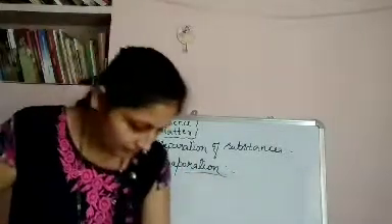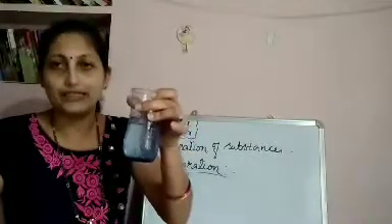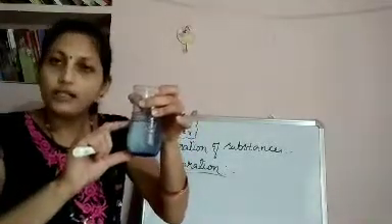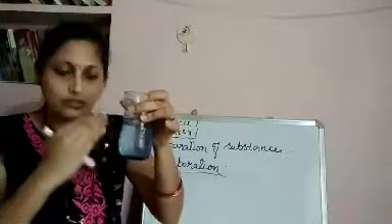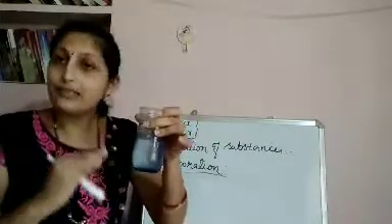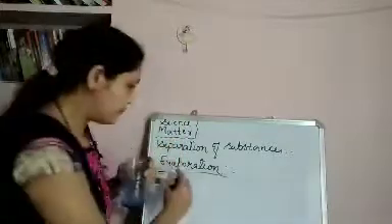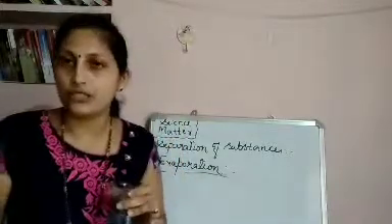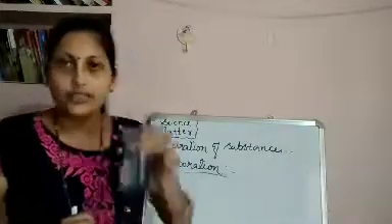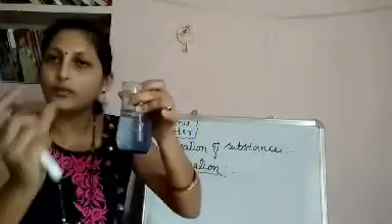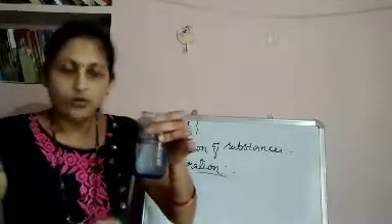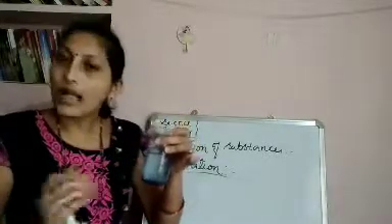So here the soluble substances, the substances that are dissolved in water, can be separated by this process called evaporation. What we have to do is, this water has to be boiled. When you boil this water, what happens?